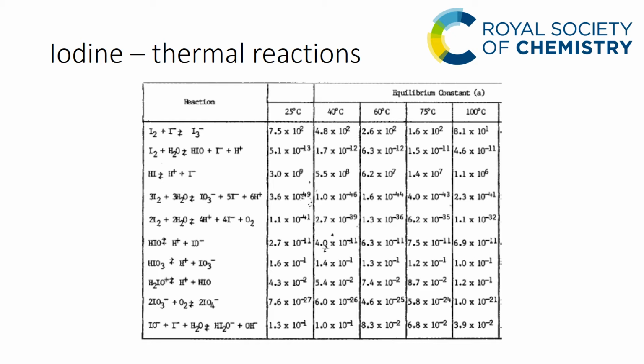I'll just point out one or two of the important ones. The second one down is the hydrolysis of I2. The first one, the I3- formation, is only important at high concentrations. And then there's the dissociation of the various acids like HI, HOI, of course, and oxidation. That's the fifth one down, which is the reverse oxidation, the way it's written there, of I-.